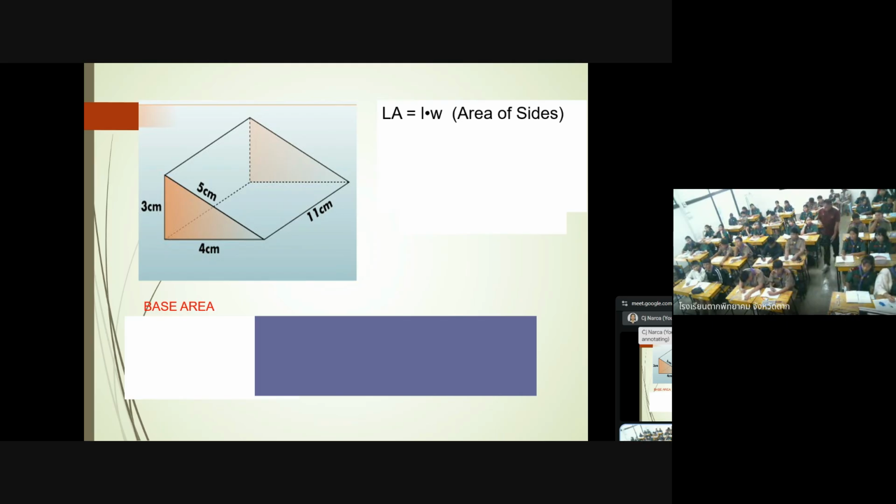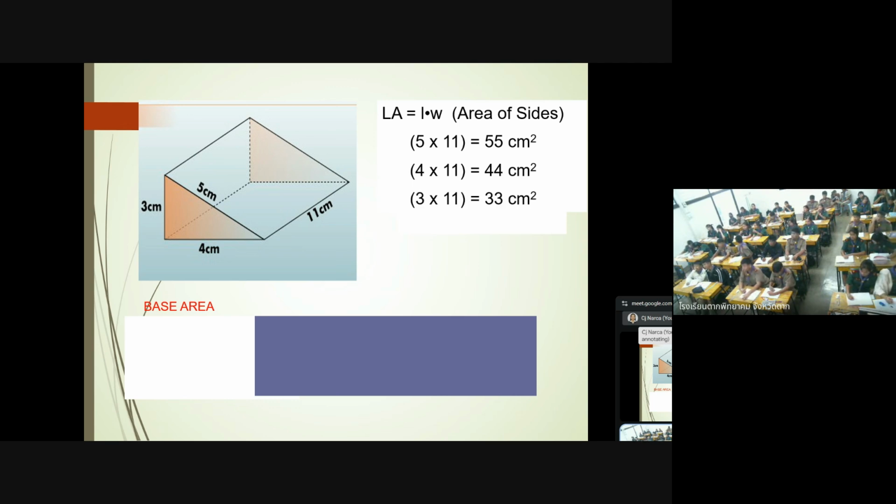Okay, so let us solve the lateral area. Okay? So we have 5 times 11, 4 times 11, and then 3 times 11. Okay? And then add everything. So what is the answer?